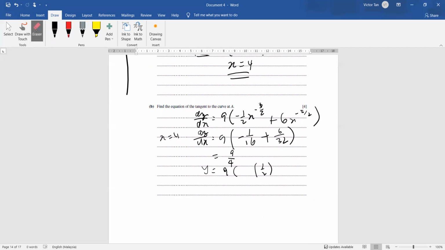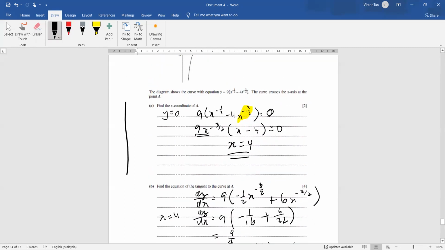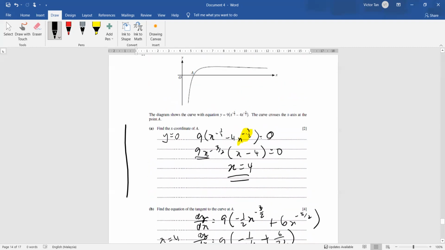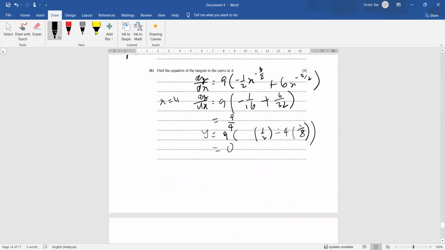Okay. So it's just half plus minus 4, x to the power minus 3 over 2, 4 to the power minus 3 over 2. So 1 over 8. Equals 0. Oh, of course, at A y is 0.